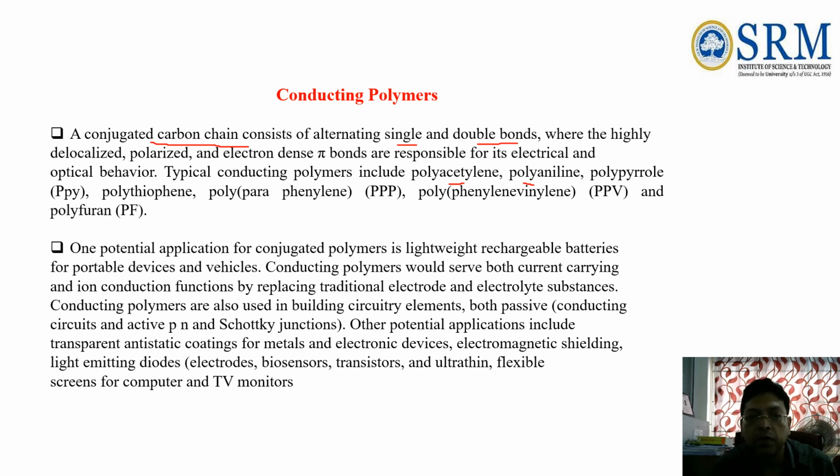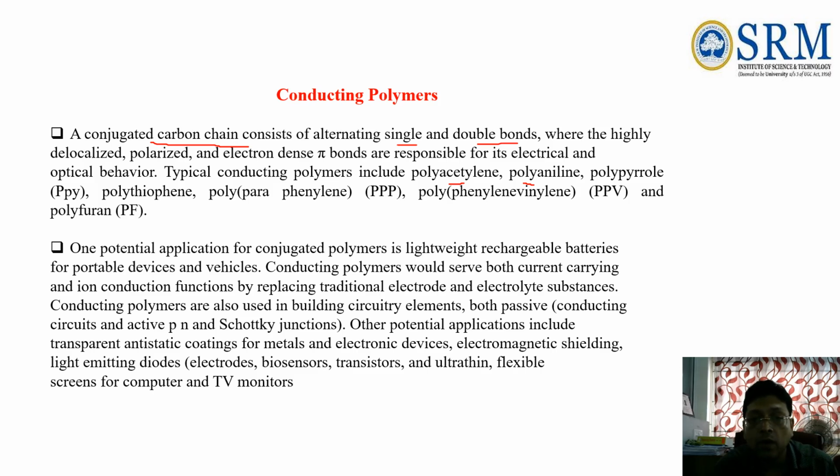So what are the applications of conducting polymers? Why is it so important? These have a wide array of applications, including lightweight rechargeable batteries for portable devices and vehicles. They would serve both current carrying and ion conduction functions by replacing traditional electrode and electrolyte substances.